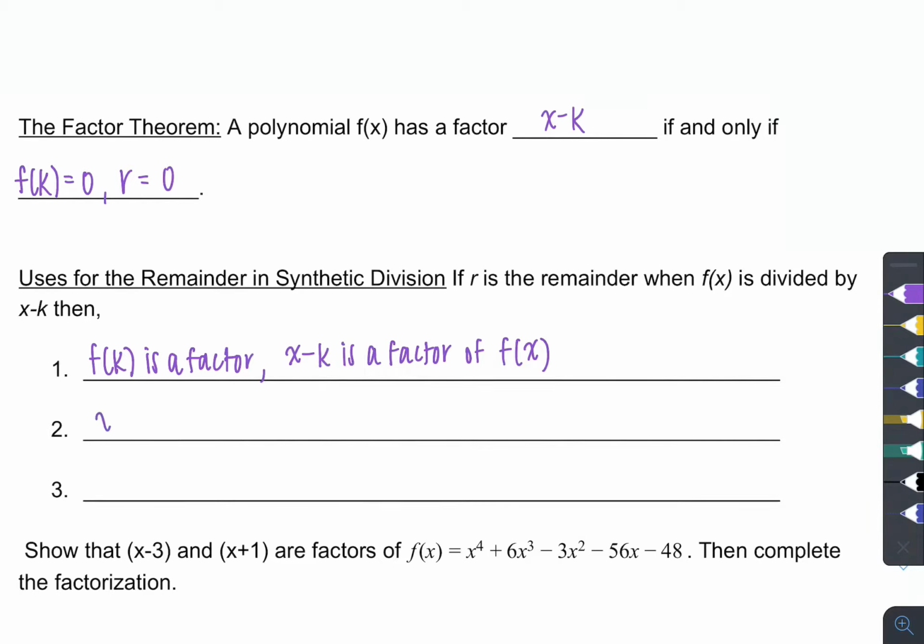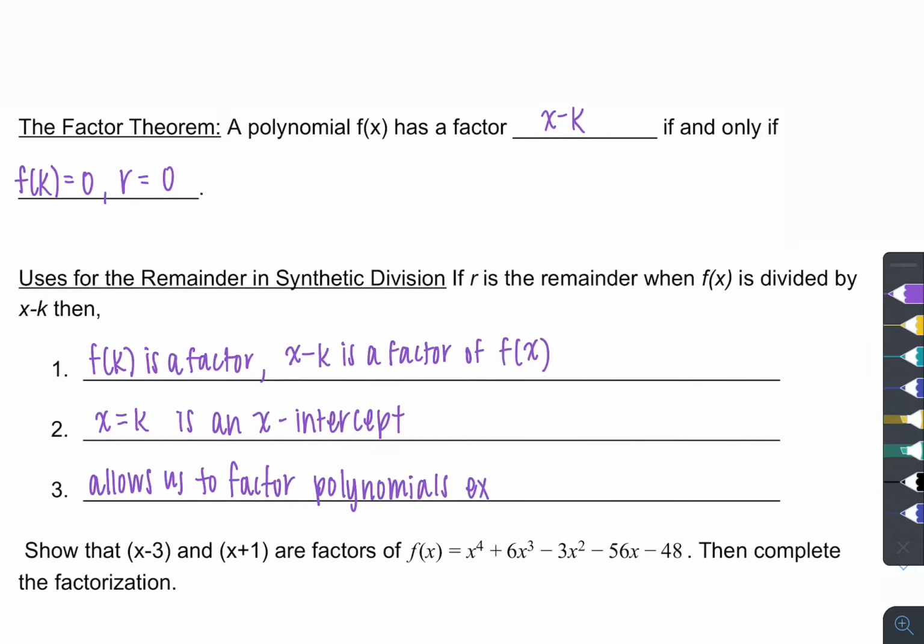It also means that x equals k is an x-intercept, and it allows us to factor polynomials with exponents greater than 2.